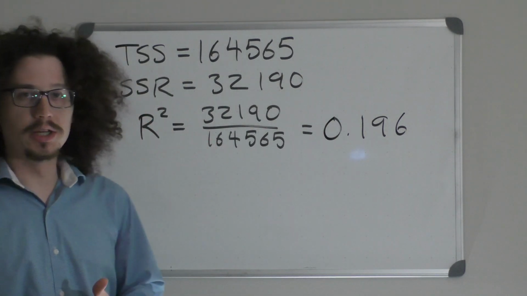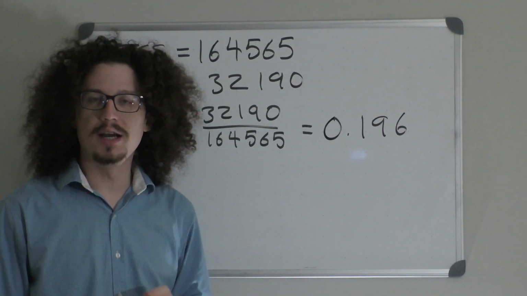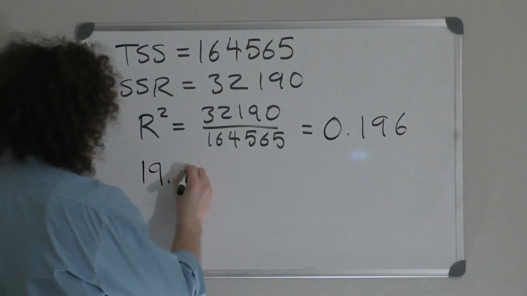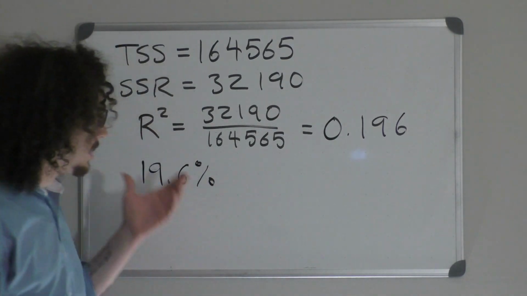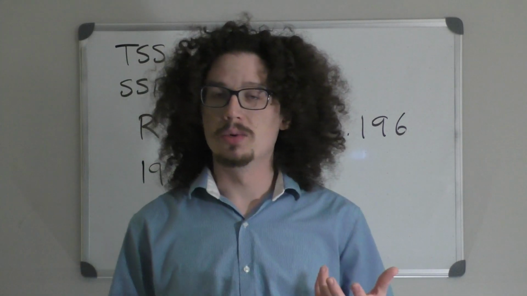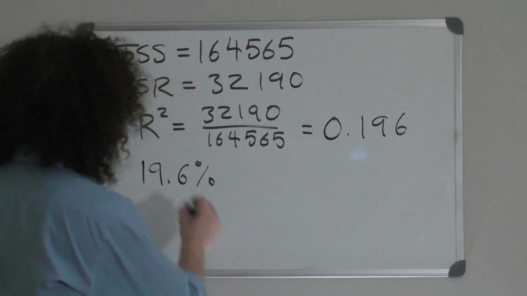When we're interpreting this, to get it to a percentage we'd multiply this 0.196 by 100. We could interpret it as: 19.6% of the variation in hourly wages is explained by the model.